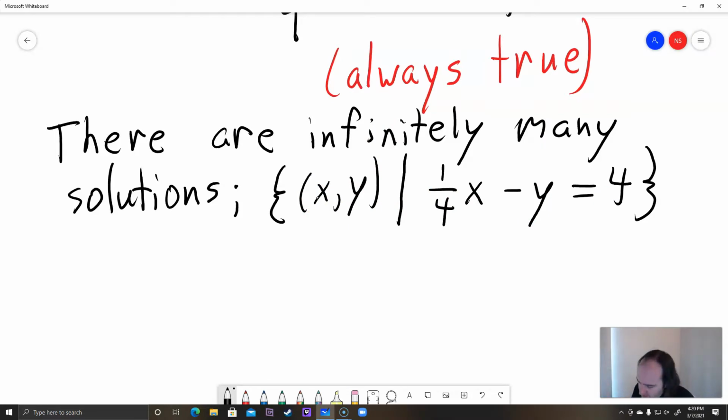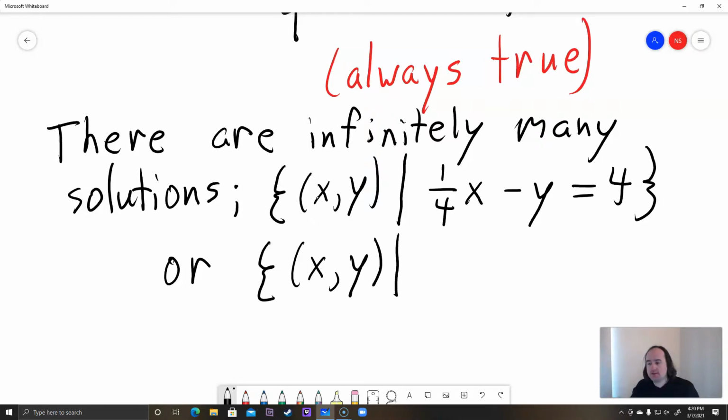And then there's also another way of writing it. Because the two equations are basically the same equation, because the lines are right on top of each other, they're basically the same line, you can also write it as the set of all x comma y. And then you write the vertical line, which means such that, or it's just like a divider to separate it.